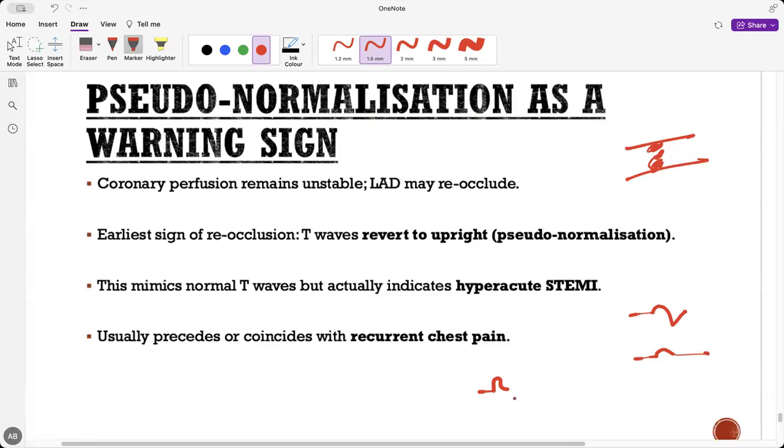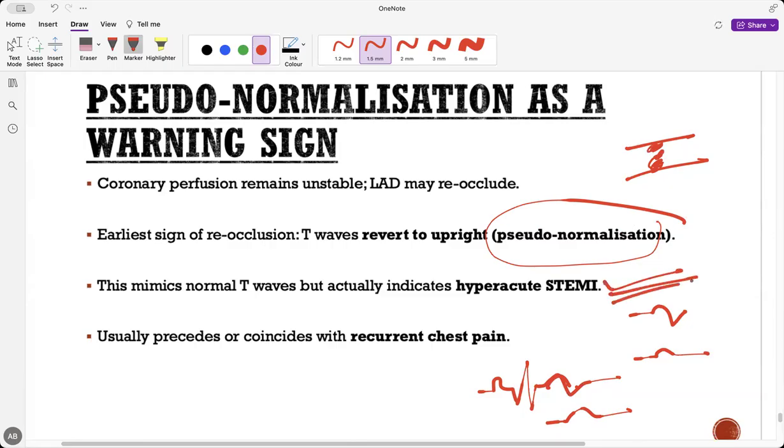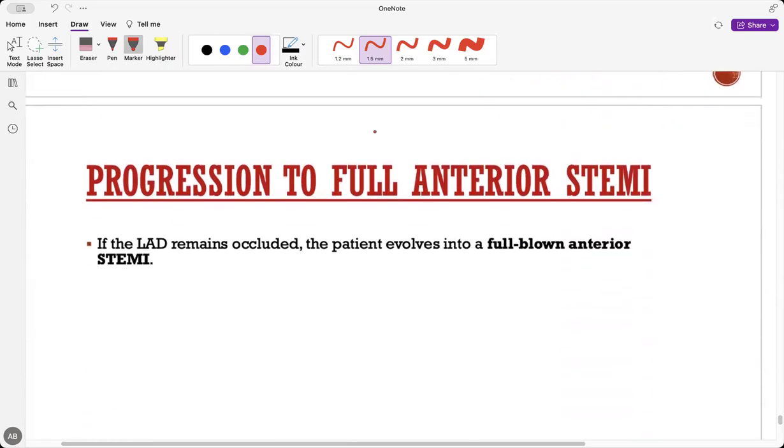That means if this is P, Q, R, S, and we are seeing this biphasic T wave here, and the T wave starts getting normal, that itself means there is reinfarction. This is called pseudo-normalization. If the T wave is becoming upright again, that means reinfarction is happening, and the patient may immediately land in hyperacute STEMI. So a full-blown anterior wall MI can occur.